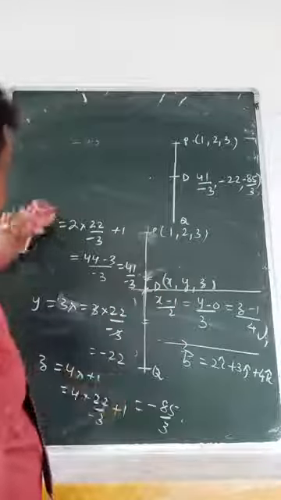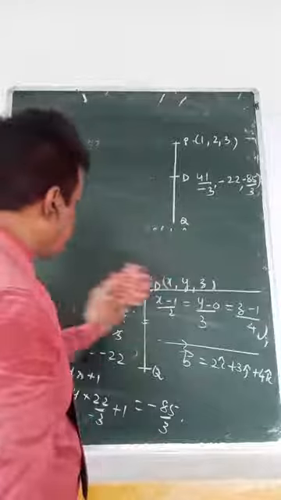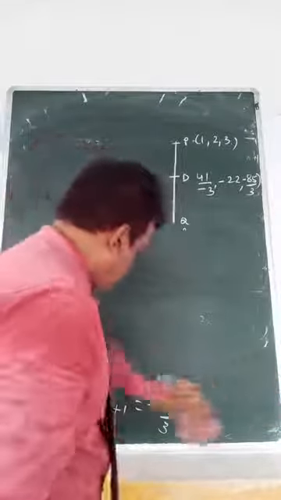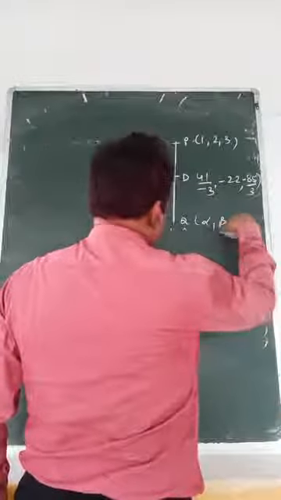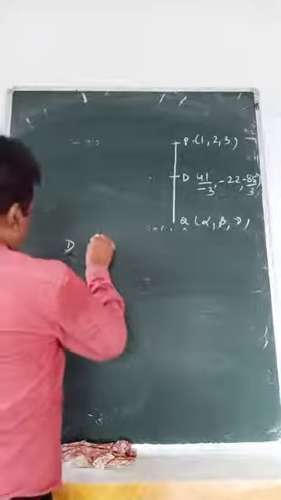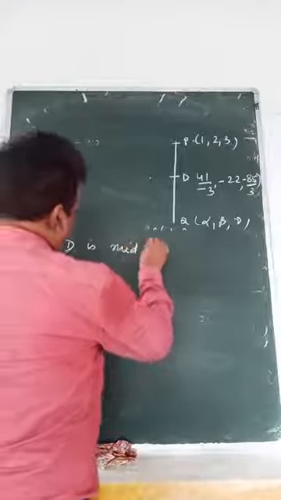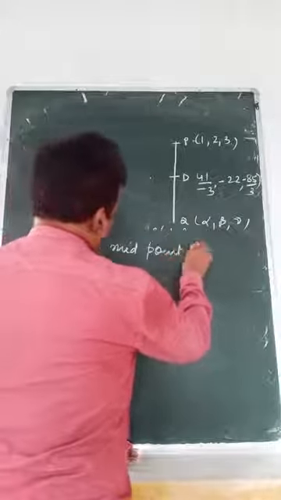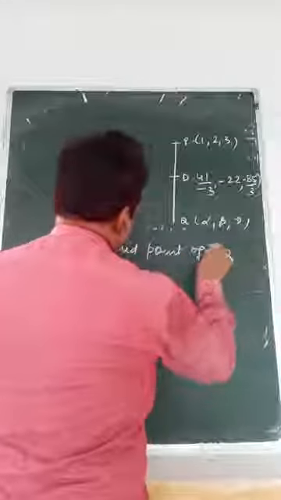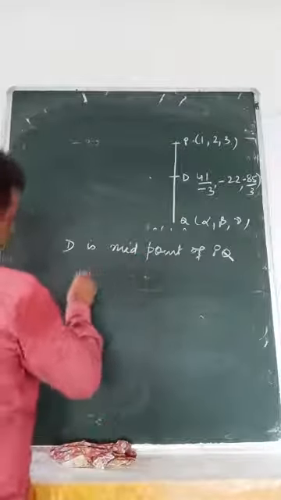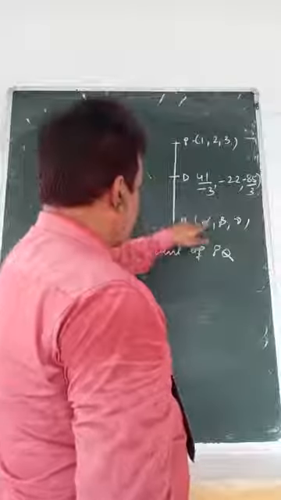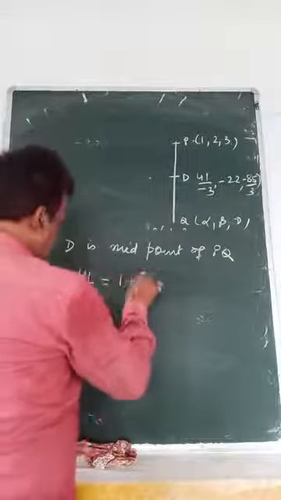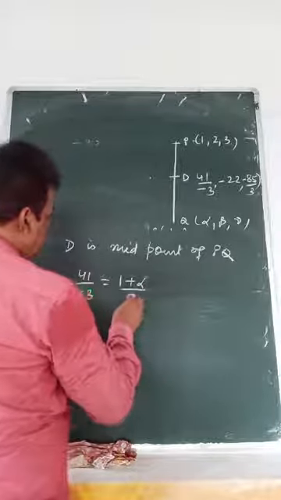Write down, D is now the midpoint of PQ. So Q you can take as alpha, beta, gamma. So what is the midpoint formula? Minus 41 by 3 equals (1 plus alpha) by 2, (x1 plus x2) by 2. You have studied this in class 10.